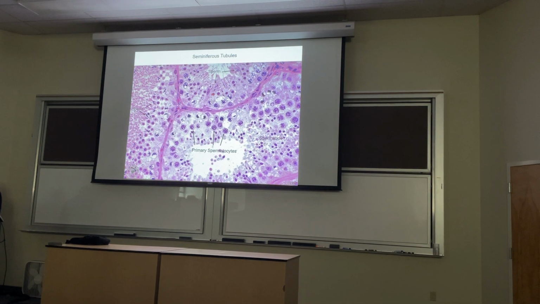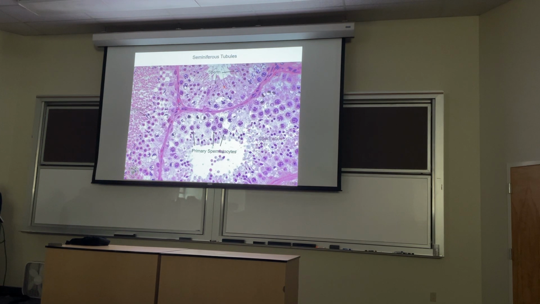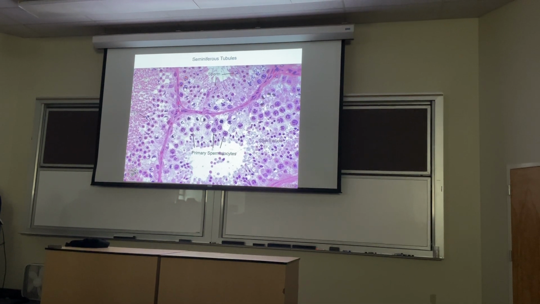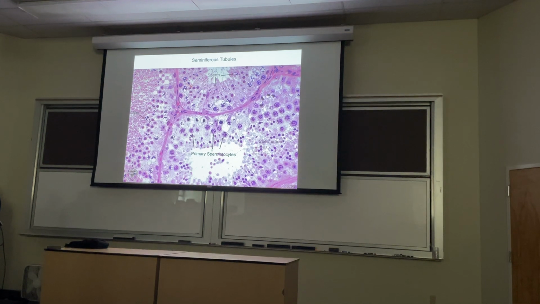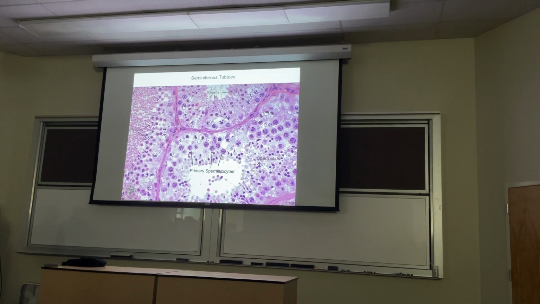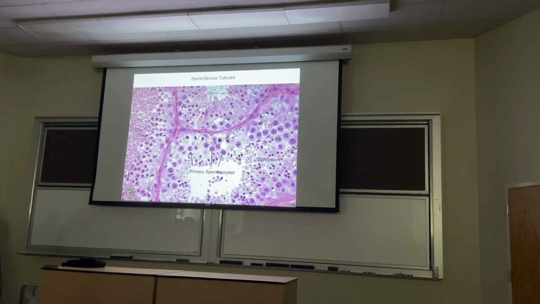These are the spermatids, and these are the spermatozoa, the sperm, if you will. Remember, we're not going to be able to visualize the secondary spermatocytes. So it goes from spermatogonia, primary spermatocyte, to spermatid. It goes secondary, but we don't see it, and then to sperm as you go towards the interior.